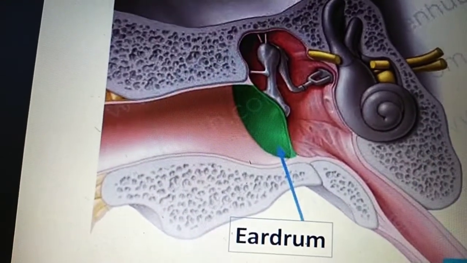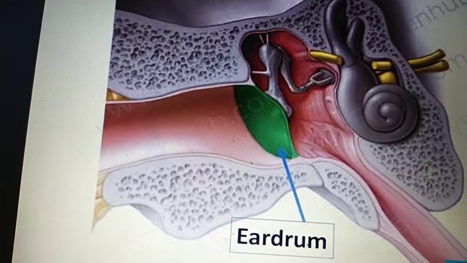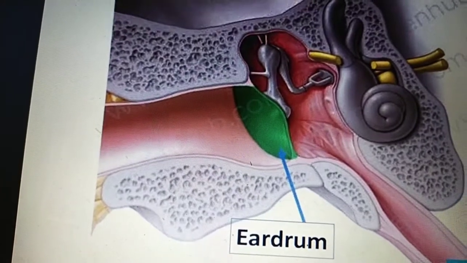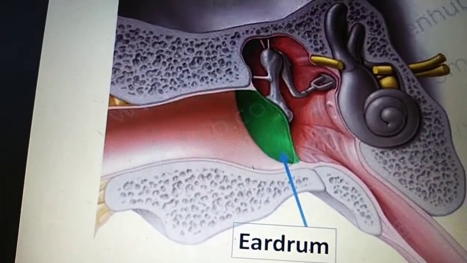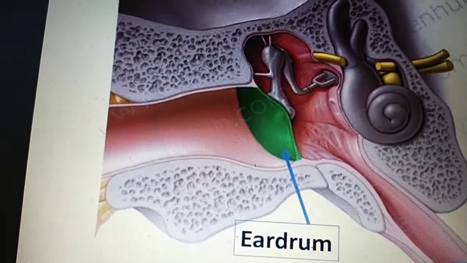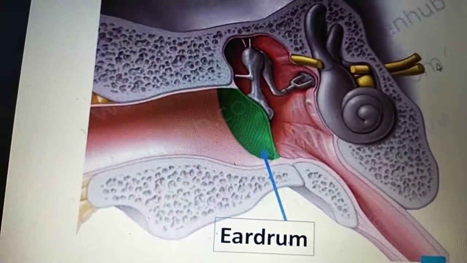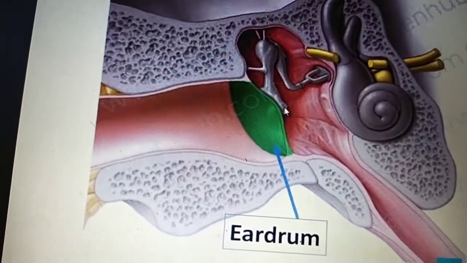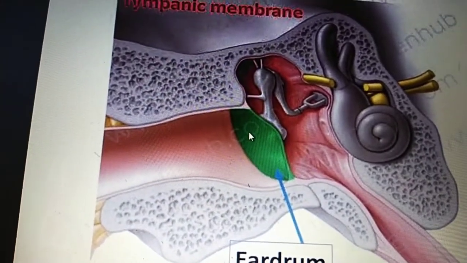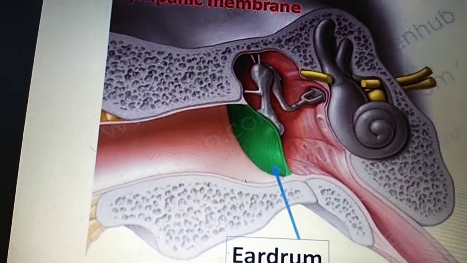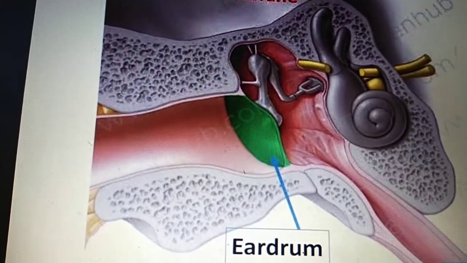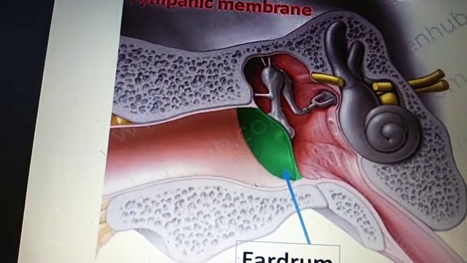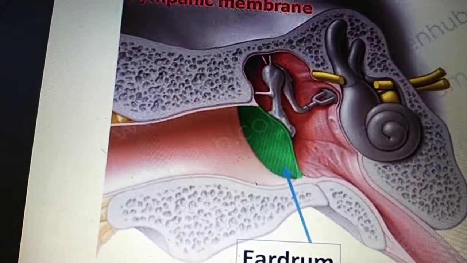It divides the external auditory canal and the middle ear, and it also serves as the lateral wall of the tympanic cavity, separating it from the external auditory canal. It sits in the tympanic sulcus and lies obliquely.